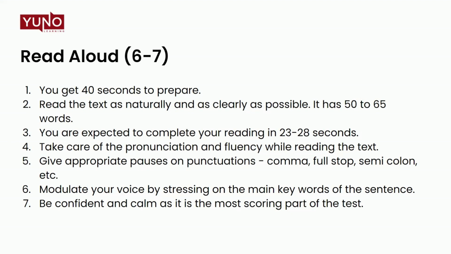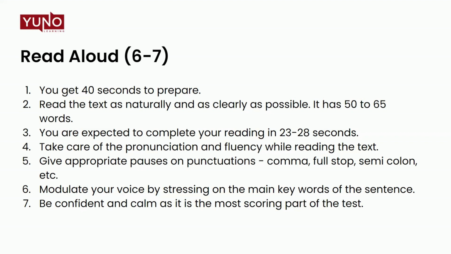And you are expected to complete your reading in 23 to 28 seconds. So ensure that you read fluently with correct pronunciation and have appropriate pauses on punctuation such as comma, full stop, semicolon, wherever you get such marks. Pause properly, but read aloud.